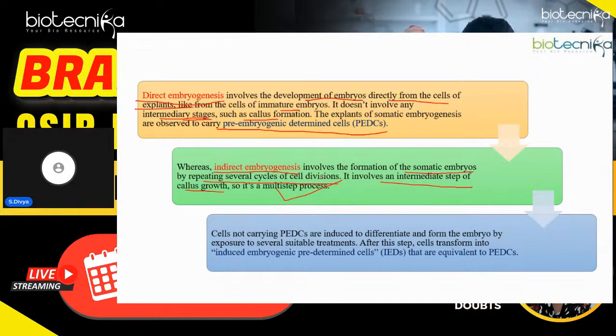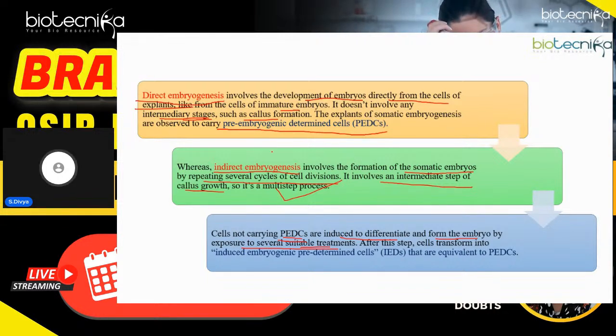It undergoes cycles of division, callus growth, and then you get the corresponding development. So cells that are not carrying pre-embryogenic determined fate are induced to differentiate and form the embryos by exposure to several suitable treatments.